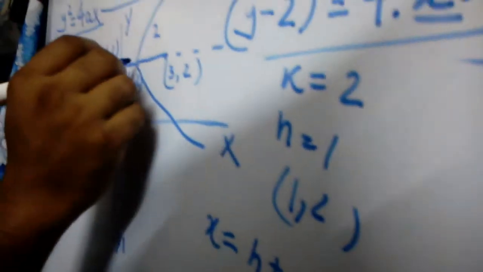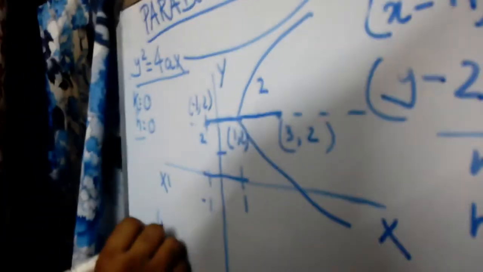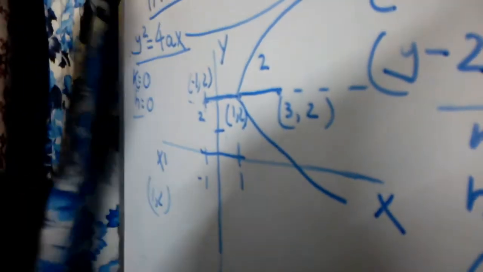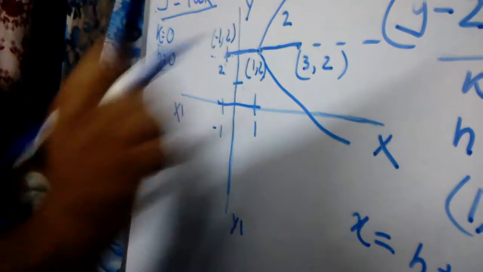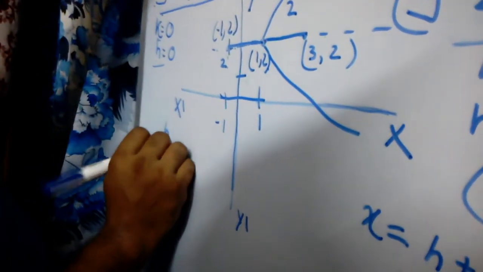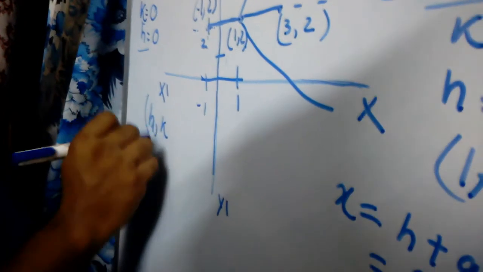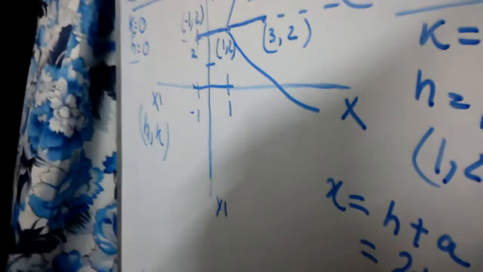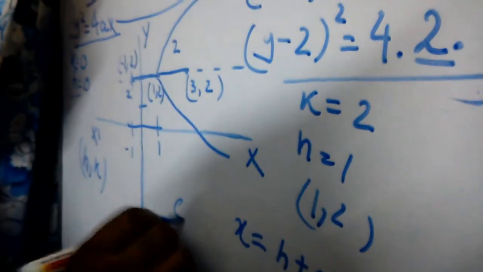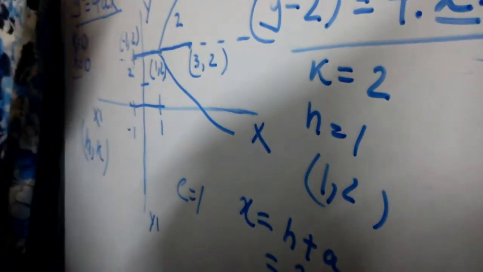Now coming to the eccentricity, let us take a point which satisfies this equation. If you are asked to find a point h, k which satisfies the equation, we can derive it from the eccentricity, because I have told you that eccentricity is always equal to 1 in the case of a parabola.